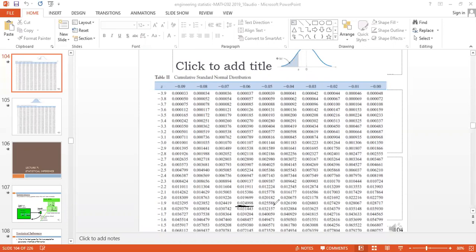So we are going to make use of the value we are seeing here, which is generated as a result of 1.96 and then 0.06. So that gives us negative 1.96. Negative 1.96.